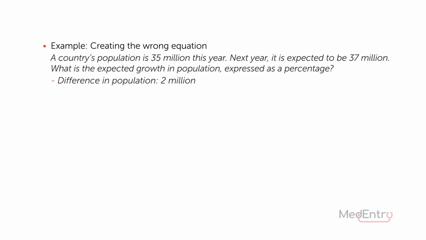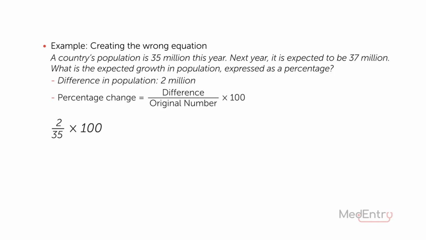Remember our percentage change equation. Percentage change equals difference over original number times 100. In this case, we have to divide the difference of 2 million by the original number of 35 million, so the equation is 2 over 35 times 100, not 2 over 37 times 100, which is a common mistake.